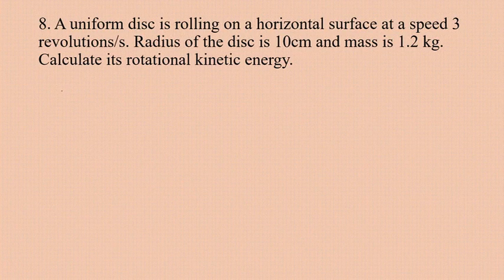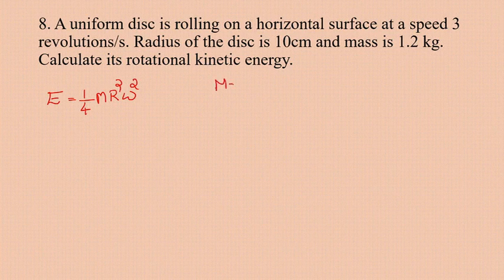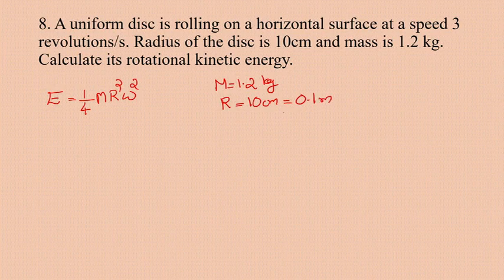Let us take here the mass m is 1.2 kilogram and the radius is 10 centimeter, that is equal to 0.1 meter, and here the frequency is given, 3 revolutions per second.